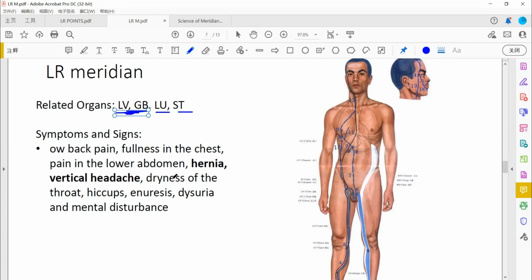Symptoms and signs: lower back pain, firmness in the chest, pain in the lower abdomen, hernia, vertigo headache, dryness of the throat, hiccup, enuresis, dysuria, and mental disturbance.